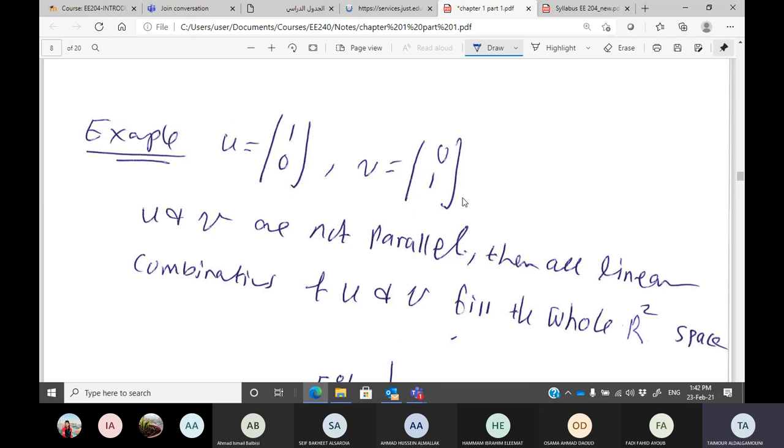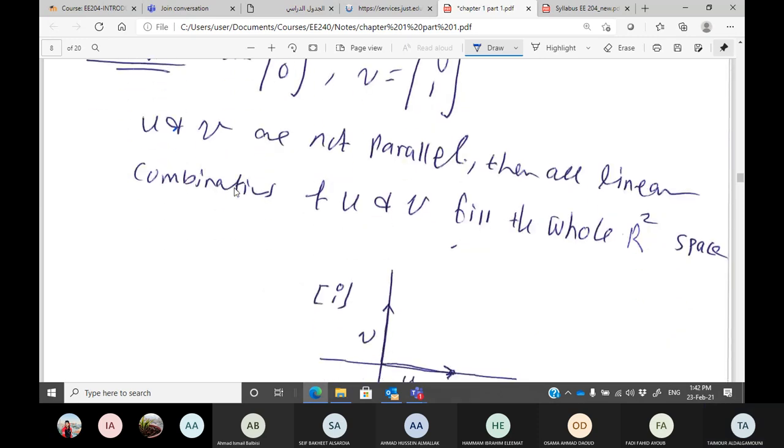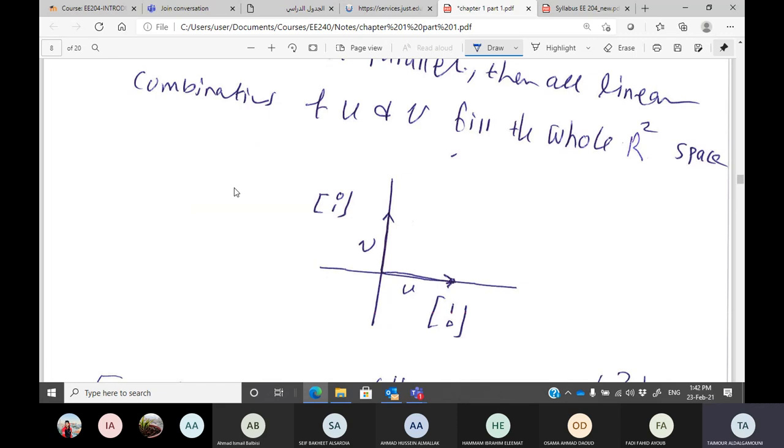It means that any point in R2 can be written as a linear combination of U and V. So this is V, it is 0 and 1. This is U, it is 1 and 0. Any point in this XY plane can be written as a linear combination of V and U.